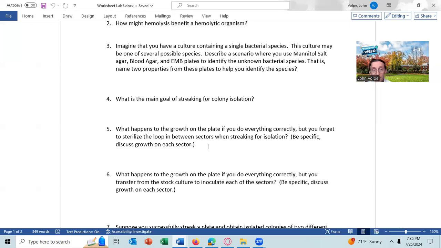You need to be specific and discuss the growth on each sector. 6, what happens to the growth on the plate if you do everything correctly, but you transfer from stock culture to inoculate each of the sectors on the plate? Once again, you need to be specific and discuss the growth on each sector. Any question about that?